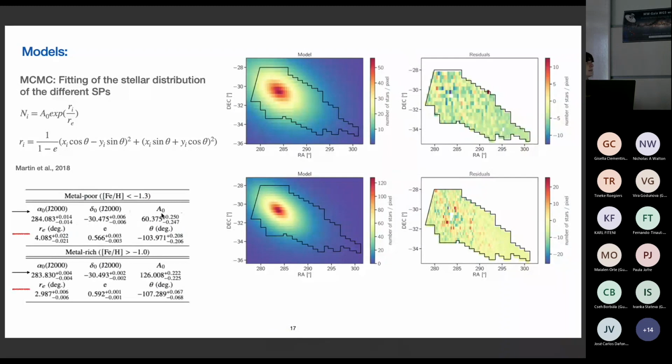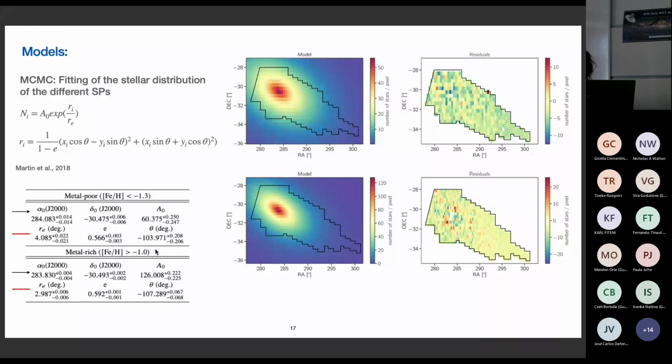Apart from the central density that varies a lot between the two populations, but this reflects the outnumber of metal-rich stars compared to the metal-poor, we see no very significant difference.